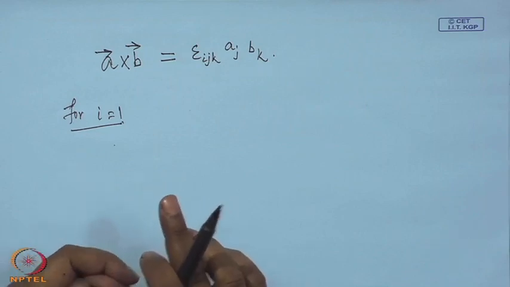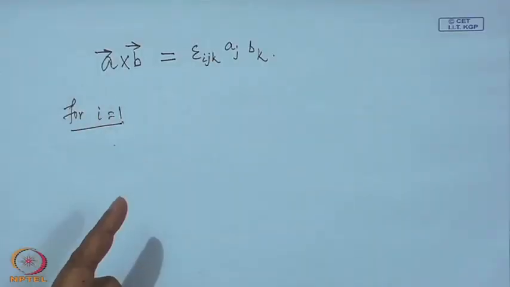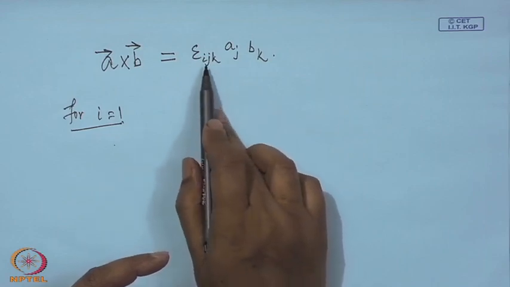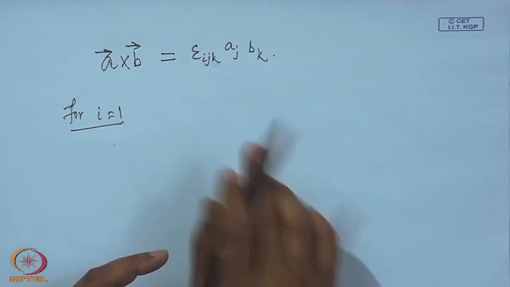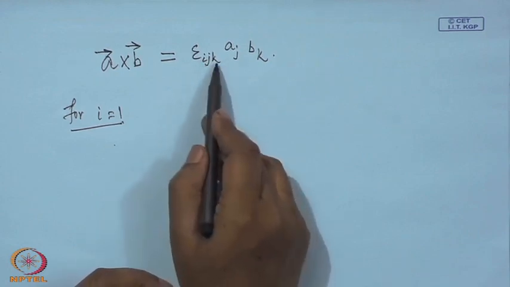Of course, they have to be different, j and k are not same, because if j and k again become same, then epsilon ijk will again become 0. So, when j is 2, k is 3, and when j is 3, k is 2. These are the two possible non-zero cases. j equal to 2, k equal to 3 makes A 2 B 3, and in that case epsilon 1 2 3 is cyclic, so that is positive.